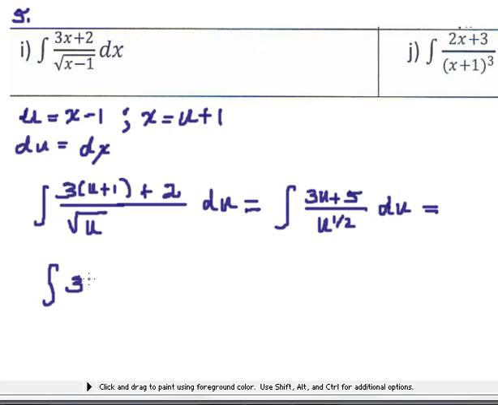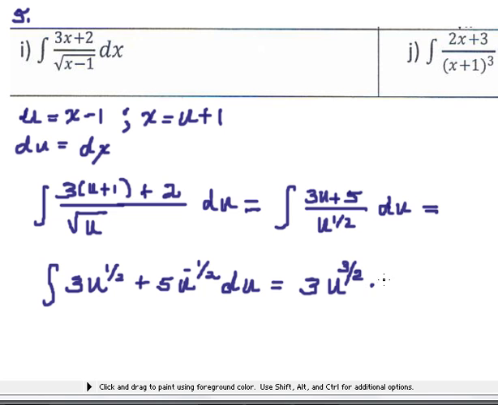So we have 3u to the 1/2 plus 5 divided by u to the 1/2 is 5u to the minus 1/2 du. Okay, now do the power rule, and we have 3 times u to the 1/2 plus 1 is 3/2, and now divide by 3/2, which is the same as multiplication by 2/3.